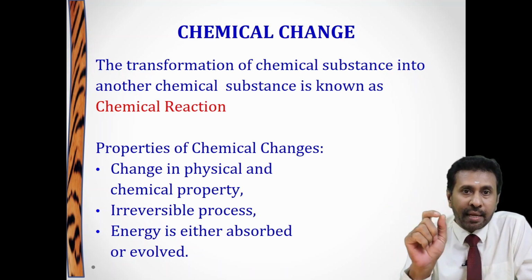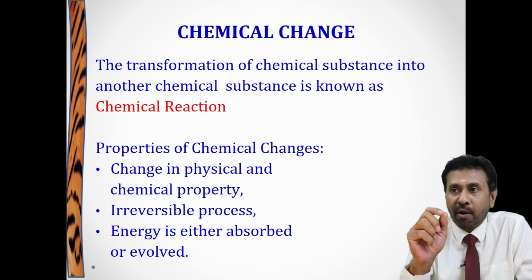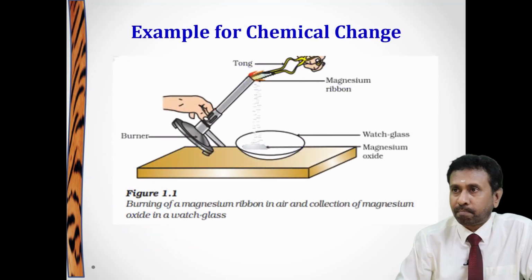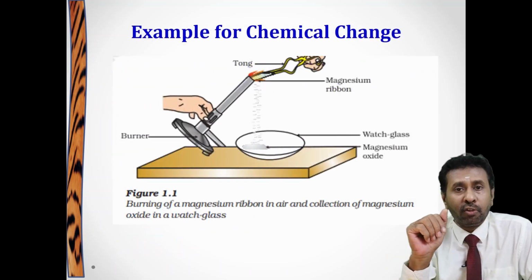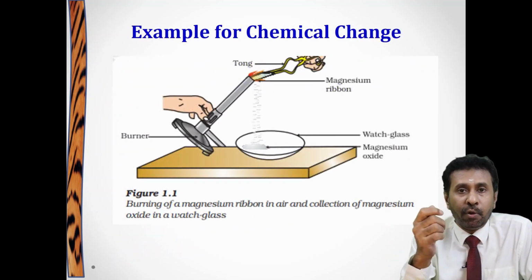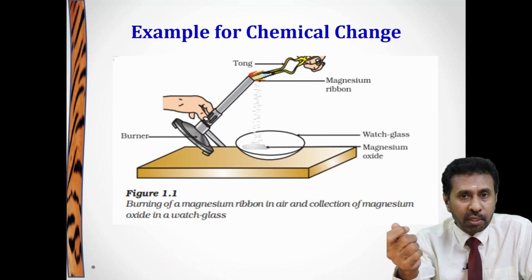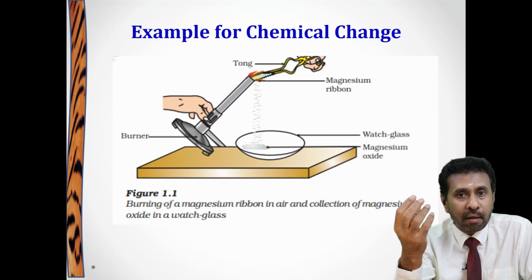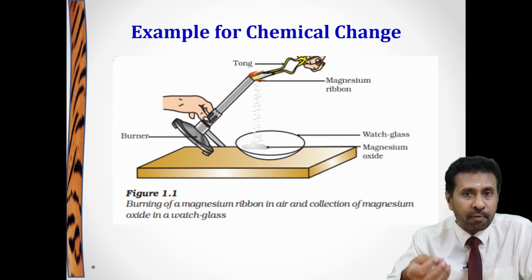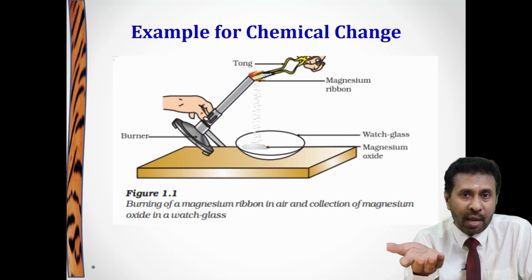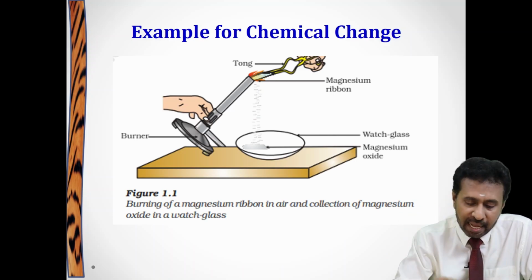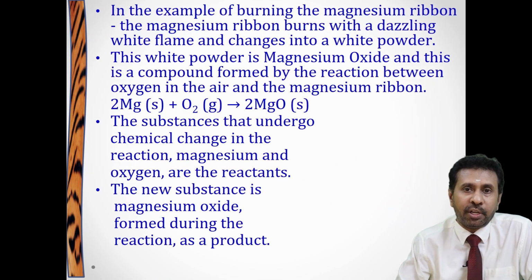One chemical getting converted into another chemical is a chemical reaction. An example for chemical change: a very simple example, you take a magnesium ribbon and burn it on a Bunsen burner. It burns with a dazzling flame and forms an amorphous solid which simply falls in the watch glass if you have it under that ribbon. So what happens here is that magnesium is converted into magnesium oxide.